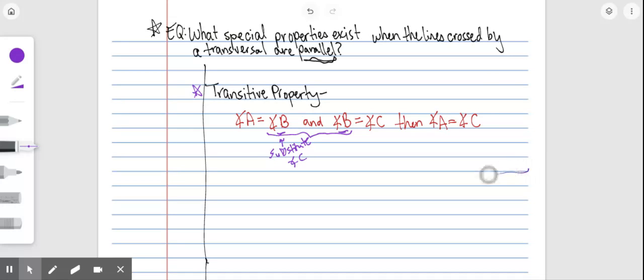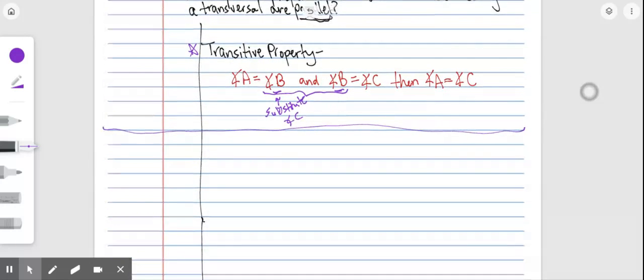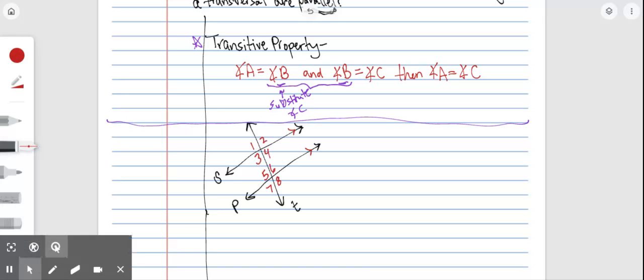So now I'm going to draw a diagram of two parallel lines crossed by a transversal, and we're going to discuss what the angle measures are inside it. Okay, a few things to note about my diagram. The transversal is line T, so line T is the transversal. Okay, the angles in the middle are 1 through 8.